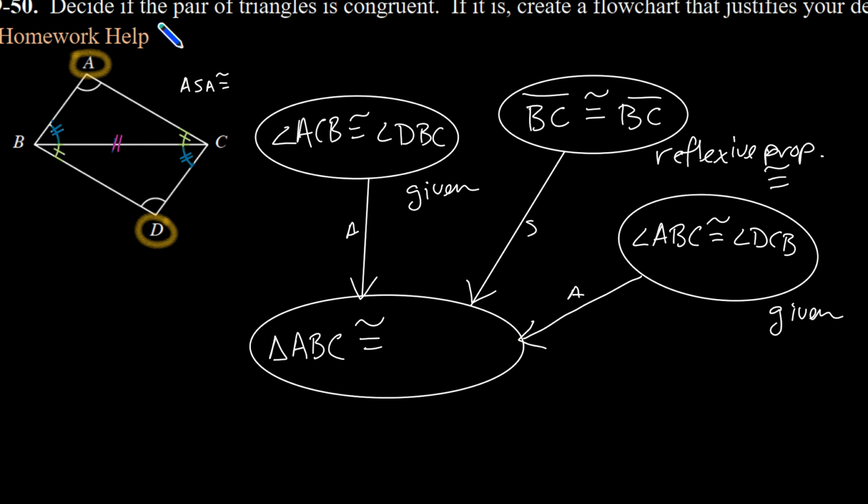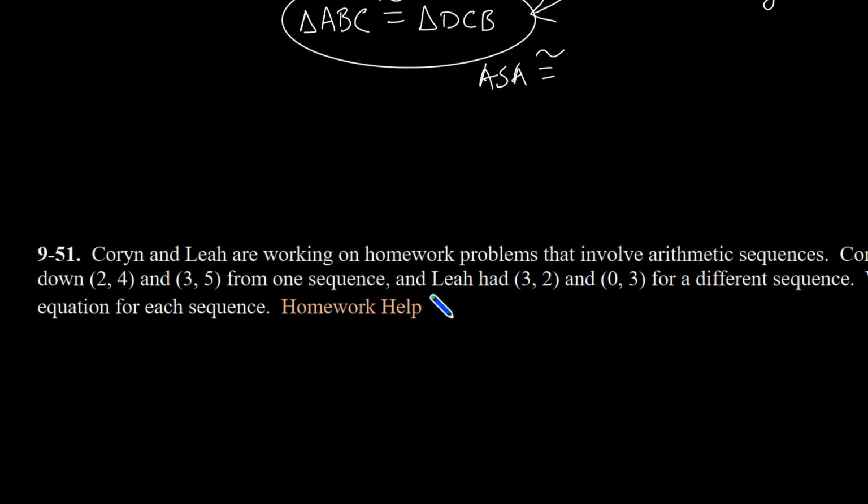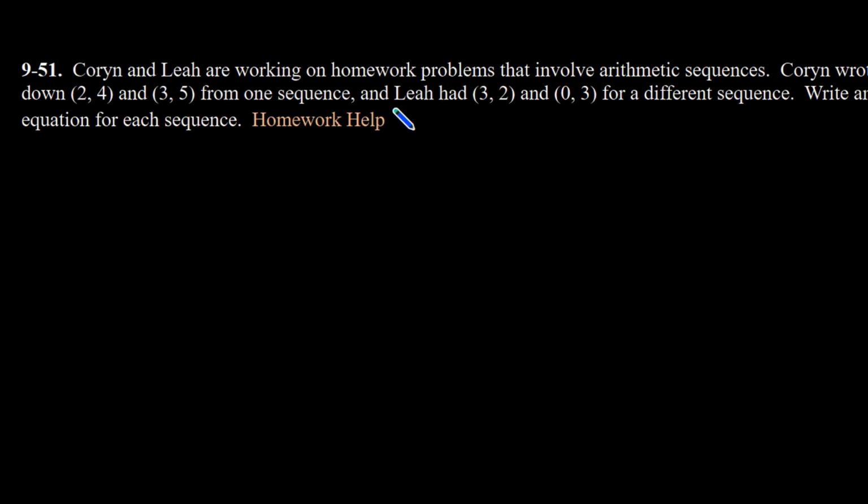Once you write ABC, ABC has to go with DCB, with triangle DCB. ABC goes with DCB, and the reason they are congruent is because of the angle side angle congruence condition. Right, that's it for 50. Let's go on to the final question, question number 51.